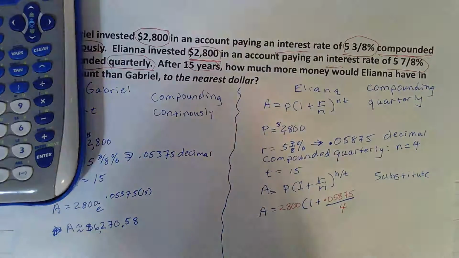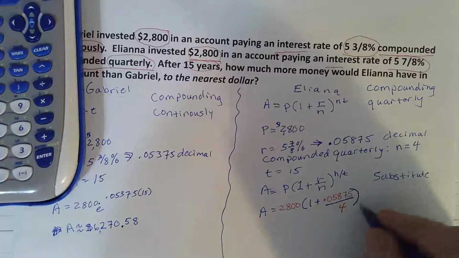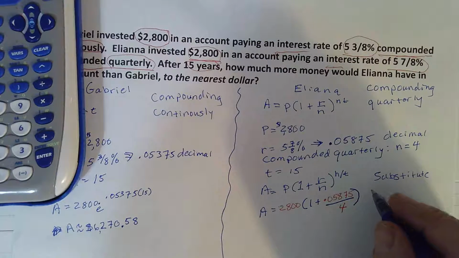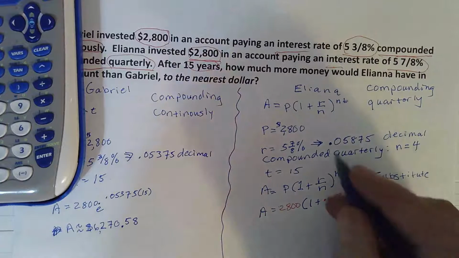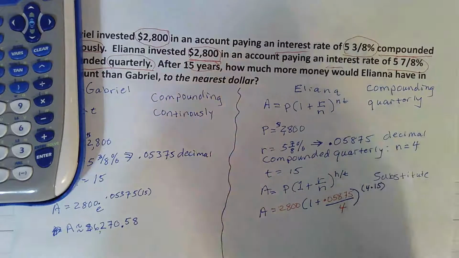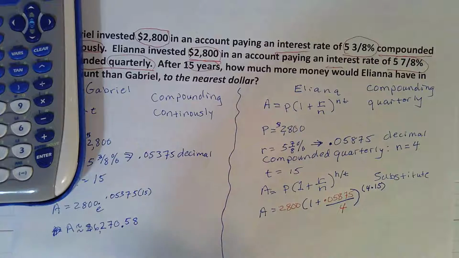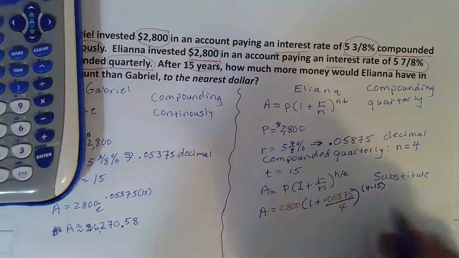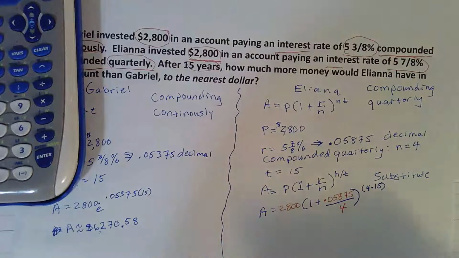And then that's all to the N times T. So that means N, the number 4, times T, and the T in this case we said was 15 years. 4 times 15. Okay? So I should have put that in red, but that doesn't matter. It's not a big deal.